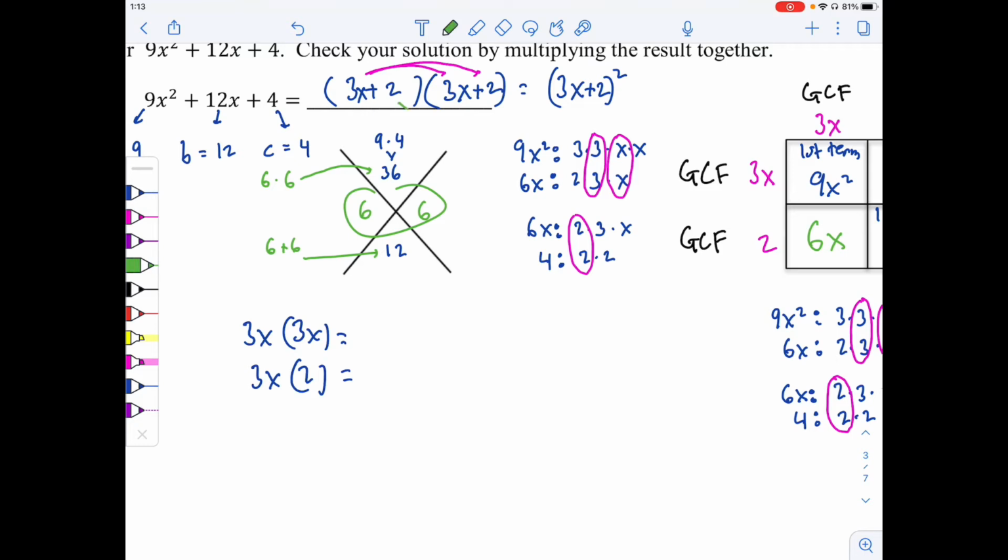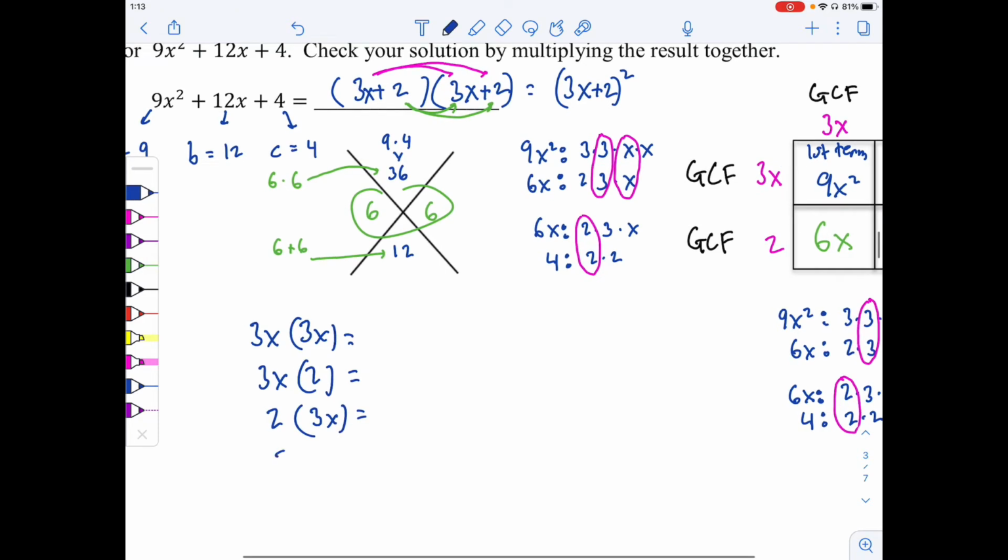Then inner, 2 times 3x, last 2 times 2. So that'll be 9x squared, 6x, 6x, and 4. Our middle terms combined give us 12x.